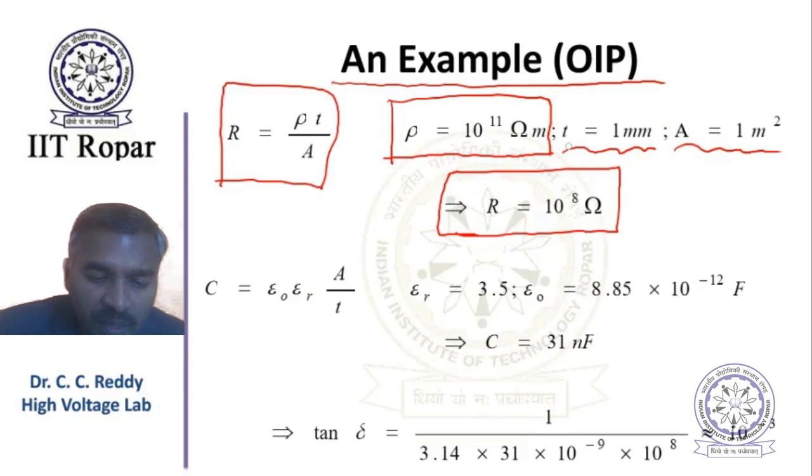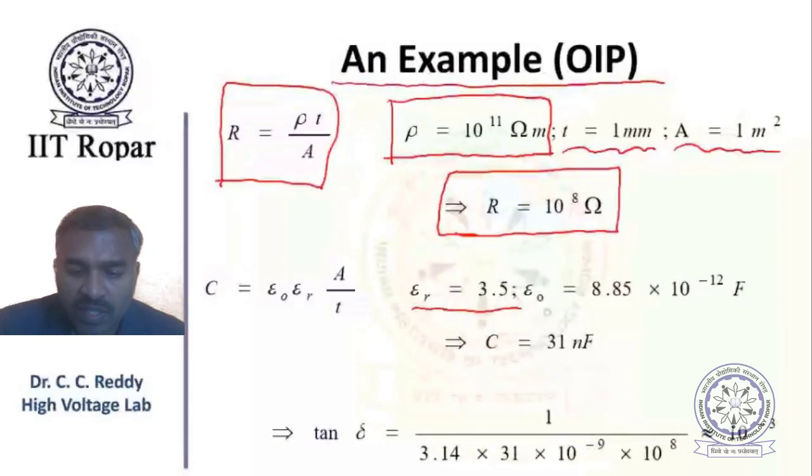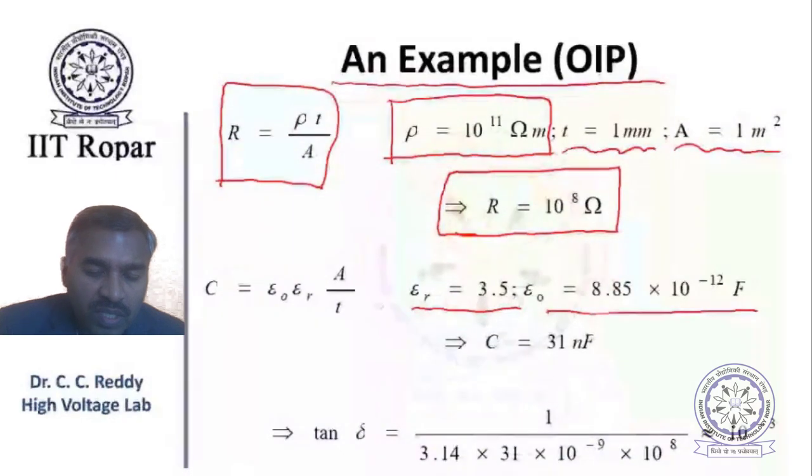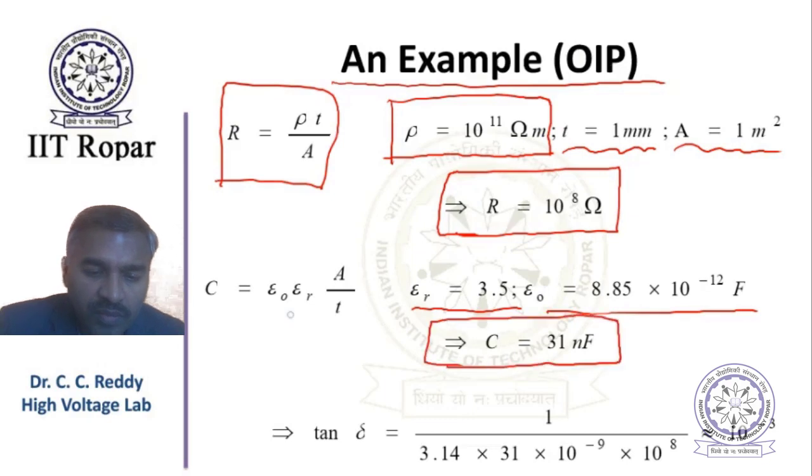And then similarly capacitance, if we calculate, the epsilon r is around 3.5, and then with epsilon naught you can show for the same dimensions it is 31 nanofarads. This is the formula.